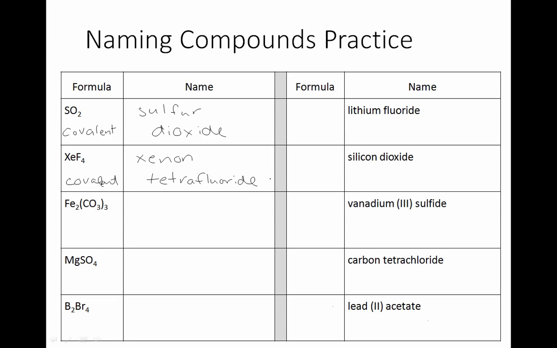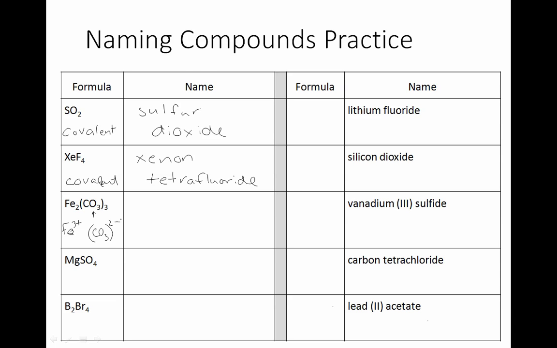Okay, this next one. What do we have? Alright, so we've got a polyatomic ion. That's the thing we can tell first. If it's not binary, aka we have more than 2 elements, chances are it's going to be a polyatomic ion. So in this case, we've got a polyatomic ion, so that means we have an ionic compound. So let's reverse cross those charges and see what we get. Fe3+, CO3 2-.